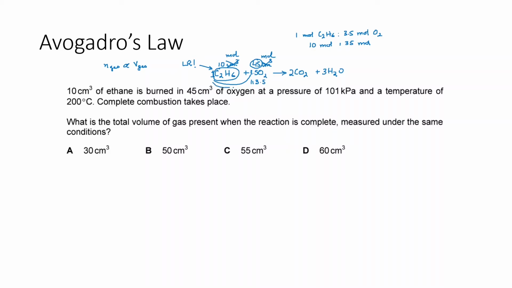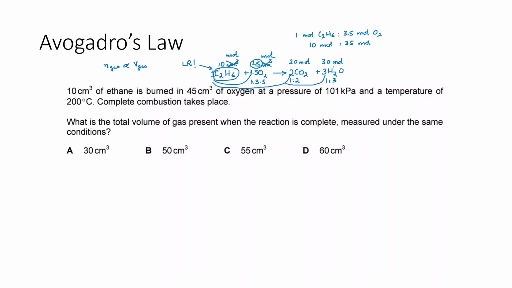So 1 mole of ethane will give us 2 moles of CO2 and 3 moles of H2O. So this is 1:2 for CO2 and 1:3 for H2O. So if I have 10 moles of C2H6, that will give me twice that, which is 20 moles of CO2. And for water, it will be thrice that, which is 30 moles of H2O.